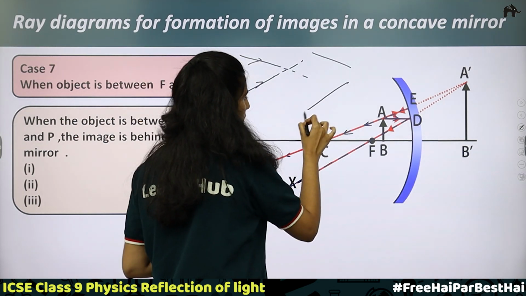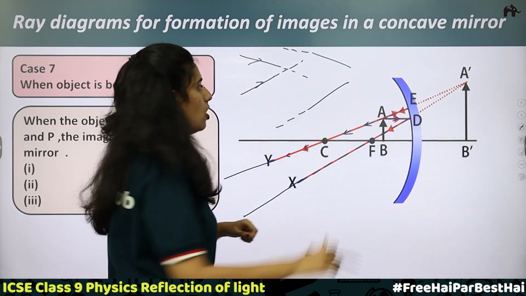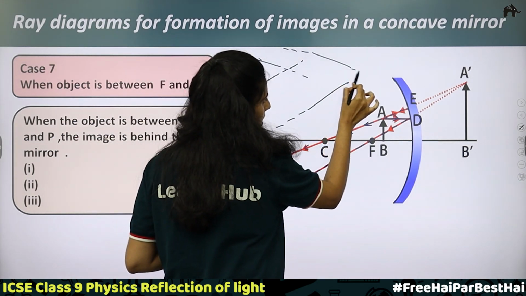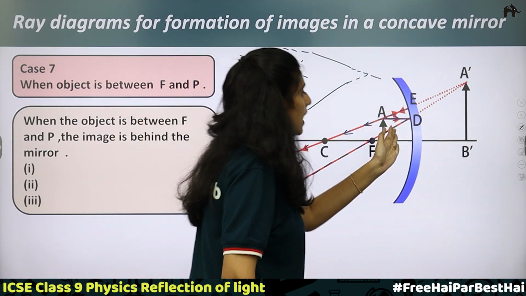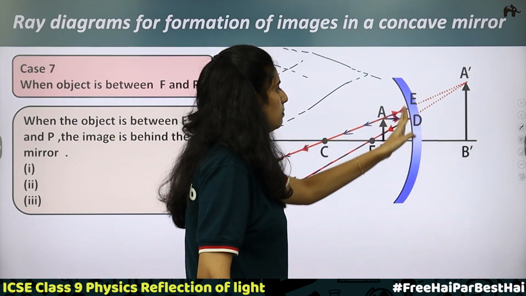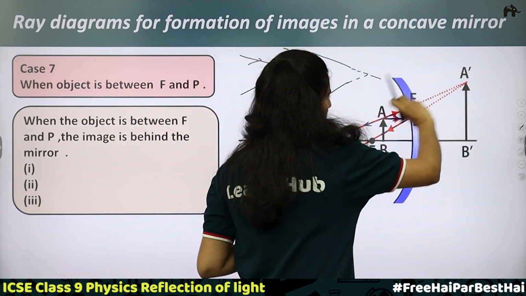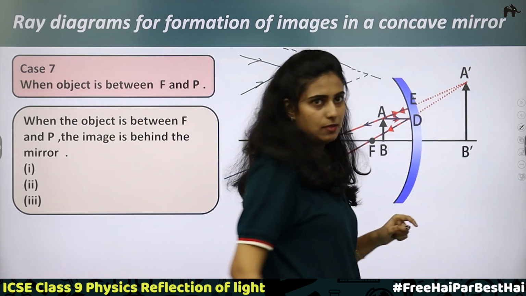So, if you still extend, never they are going to meet. So, in the other direction, you are going to extend now. If you extend in here, they will meet. But the extending can be done only behind the mirror. They will be intersecting at a point, but that point will be behind the mirror.